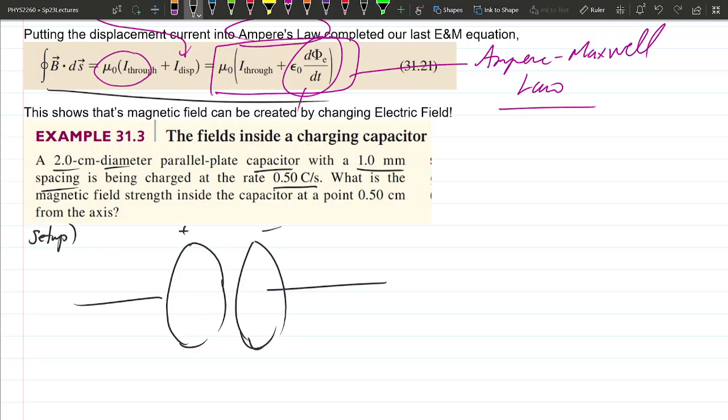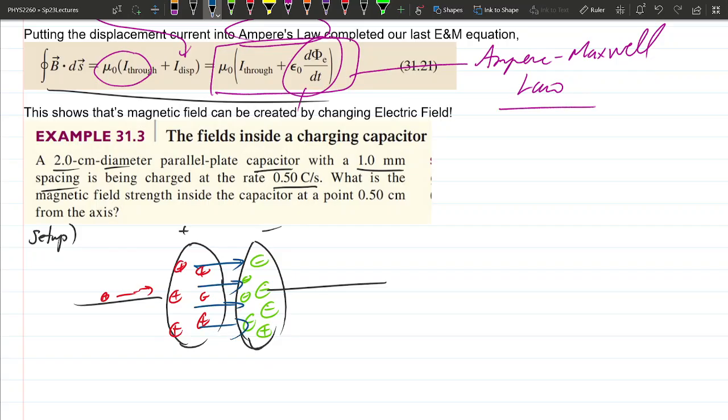What's happening is that positive charge is piling up here, and that means negative charge is going to pile up on the other side, the same amount. But it's going to be changing, because we're adding more charges every second. The electric field between the two is going to point this way for now.